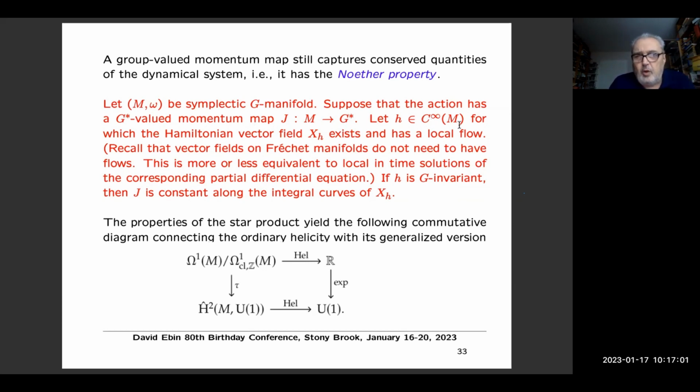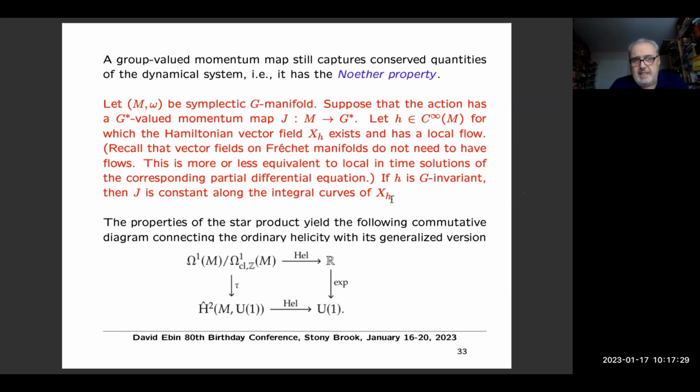I take a Hamiltonian for which the Hamiltonian vector field exists and has a local flow. In finite dimensions, this is of course true. For Fréchet manifolds, this is not usually true. This is more or less equivalent to stating the local in time solutions of the corresponding PDE. If H is G invariant, then J is constant along the integral curves of X_H. Noether property holds, it is a momentum map.